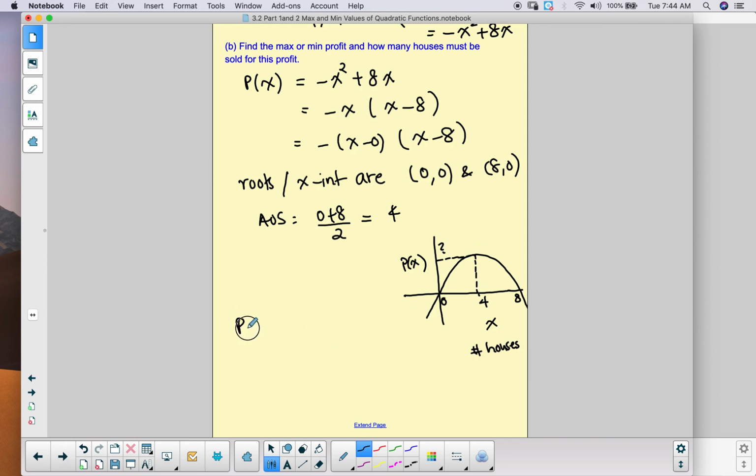So P of 4 is equal to negative of 4 squared plus 8 times 4, which works out to negative 16 plus 32, which is equal to 16.